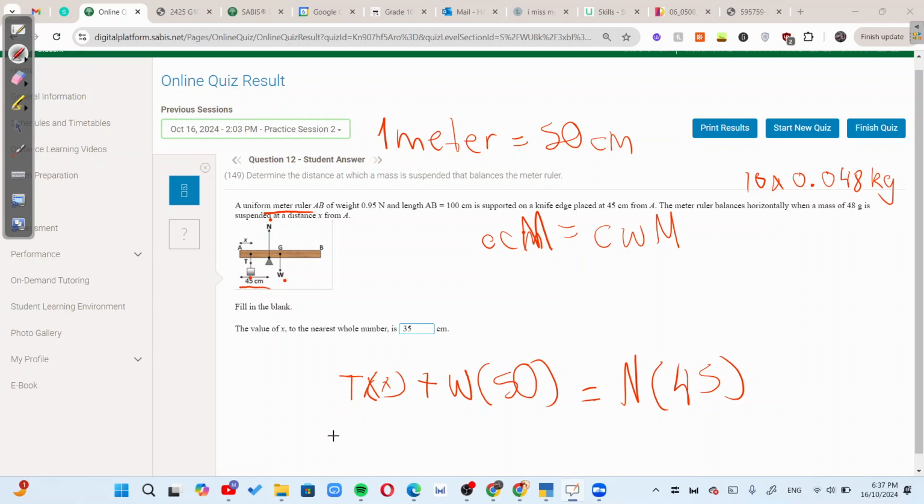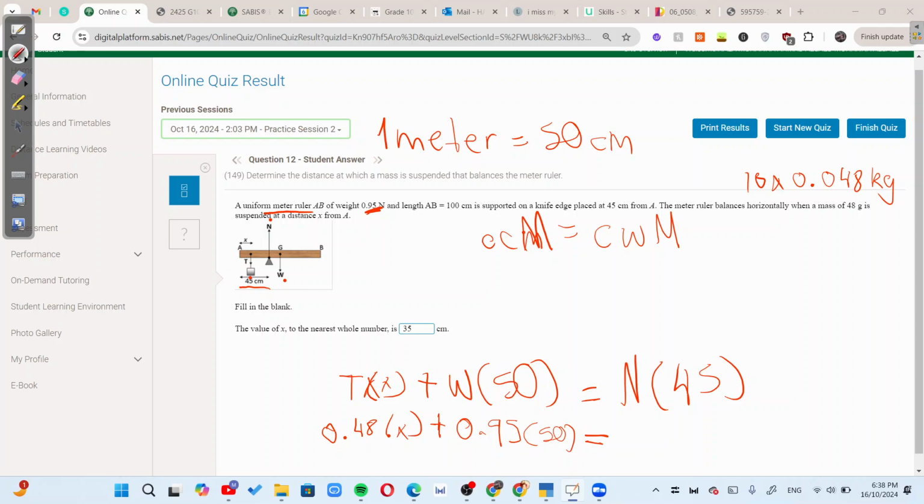You're going to get T to be 0.48, times X. X is what we're trying to find, so we don't know it. Plus W, the weight of the whole ruler, which is 0.95, so plus 0.95 times 50.